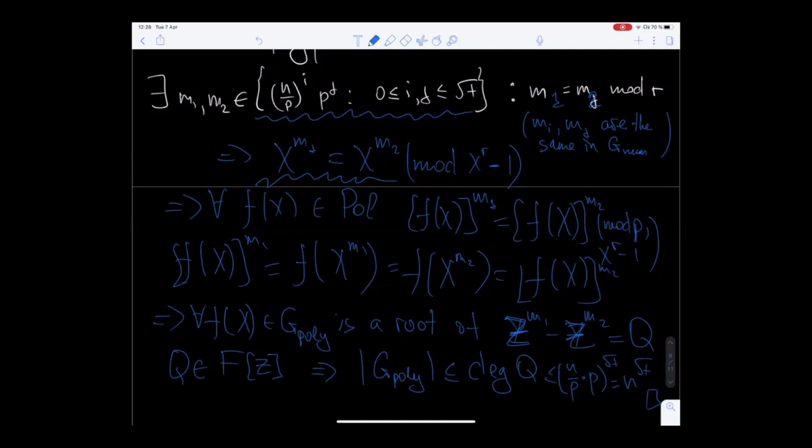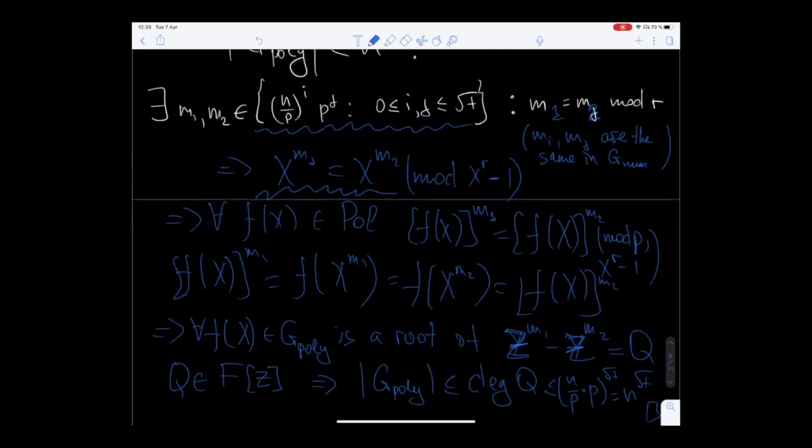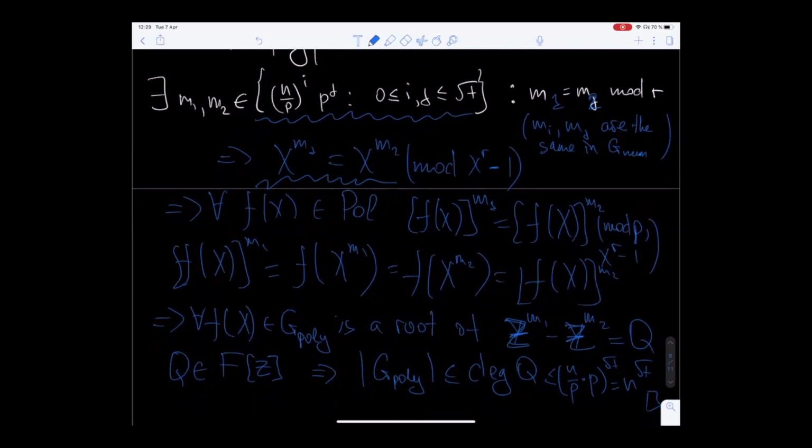But here, since we have two kinds of factors, we can apply this pigeonhole to a set where i and j range not from 0 to t, but from 0 to square root t, and get a good bound on the degree of this q, and thus a good bound on the size of G poly. Okay, so this completes the proof. We show that it's small on the one hand, on the other hand we show that it's large. Thus we arrive at a contradiction.